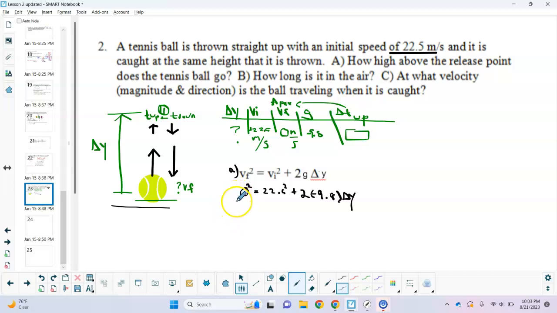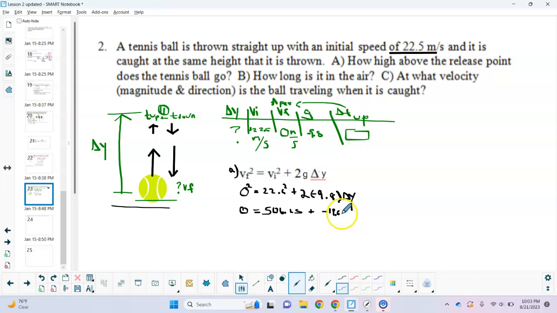So for the first one, it's going to be 0 equals 22.5 squared, which is 506.25. And then we have plus 2 times negative 9.8, which is negative 19.6, and that is multiplied by delta y.